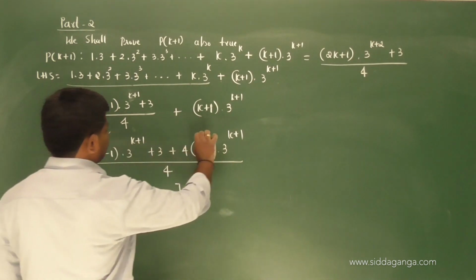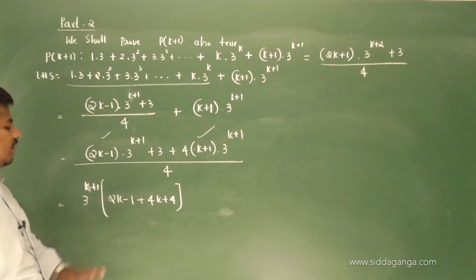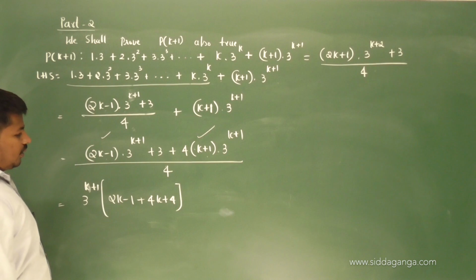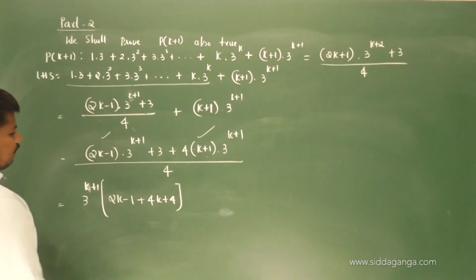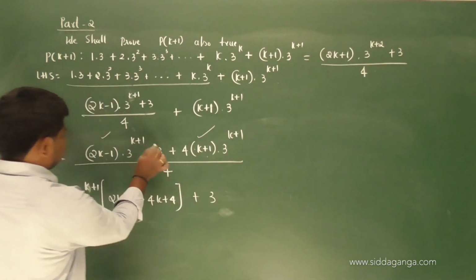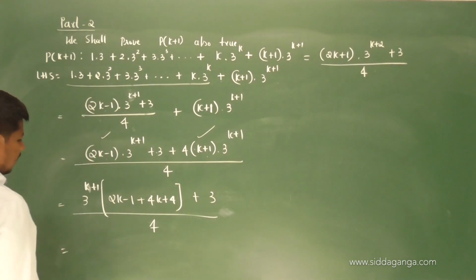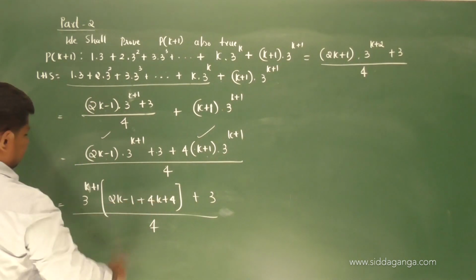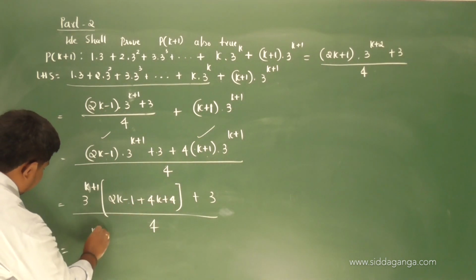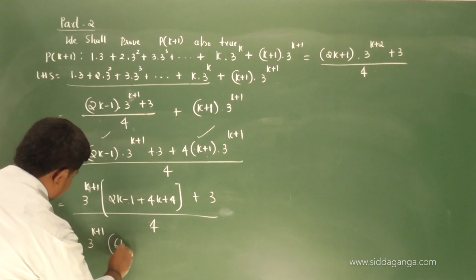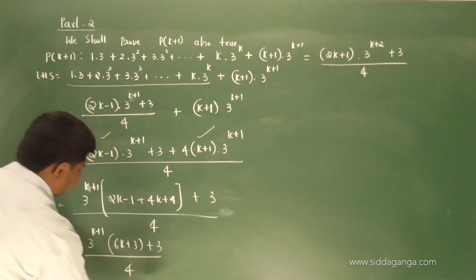In these two terms, I have taken 3 power of k plus 1 outside. The remaining thing I have written here. Right, it's correct. Now plus 3, this is plus 3 whole divided by 4. Now 2k plus 4k, 6k plus 3. So 3 power of k plus 1 into 6k plus 3 plus 3 whole divided by 4.